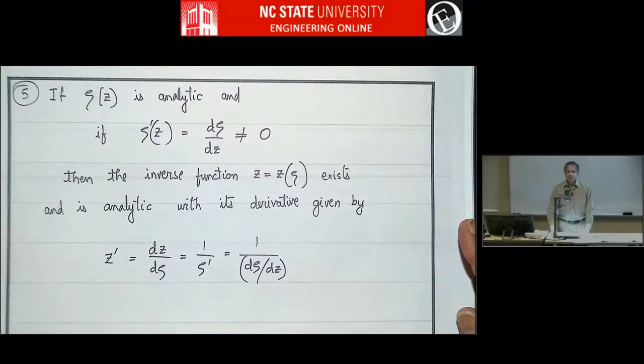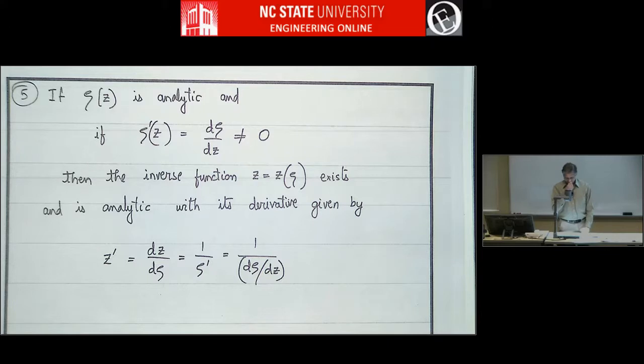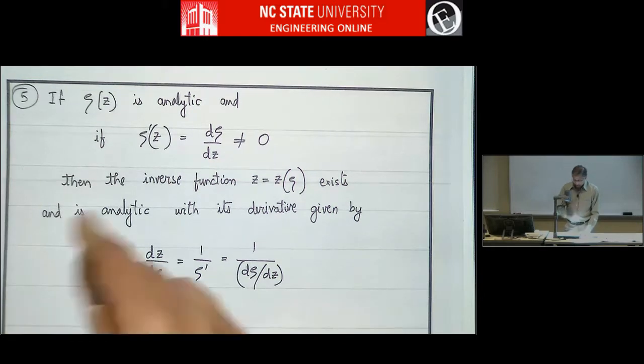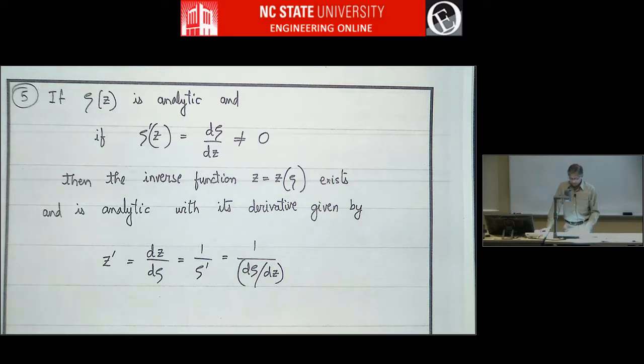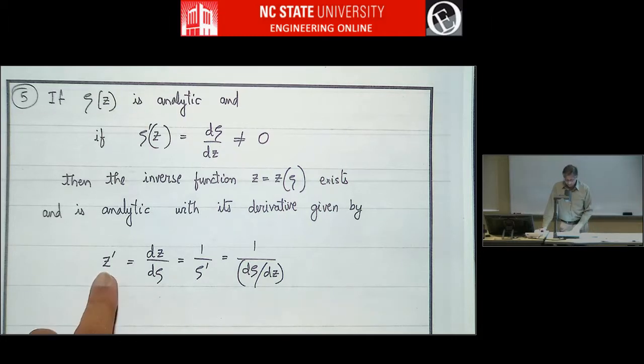The fifth consequence is, if zeta of z is analytic and if the derivative is not equal to 0, then there exists an inverse function, which is z as a function of zeta, and that is also analytic, and its derivative is given by z prime is 1 over zeta prime.